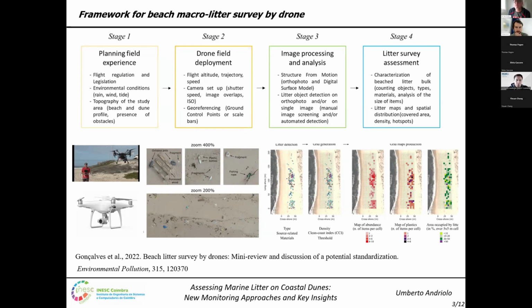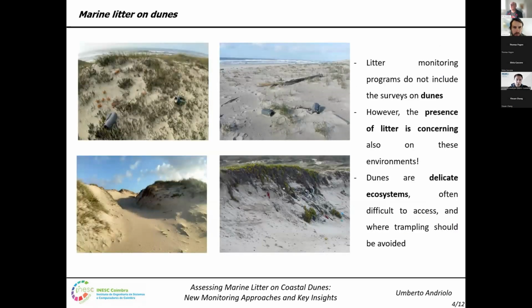However, we set up a framework in 2012 in which we describe how to survey, how to use the drone, and produce new products for the study of marine litter on beaches. However, today we will talk about marine litter on dunes.